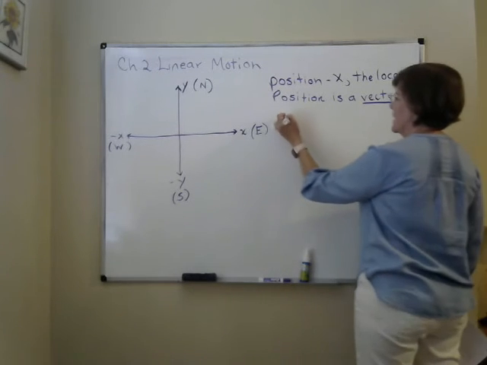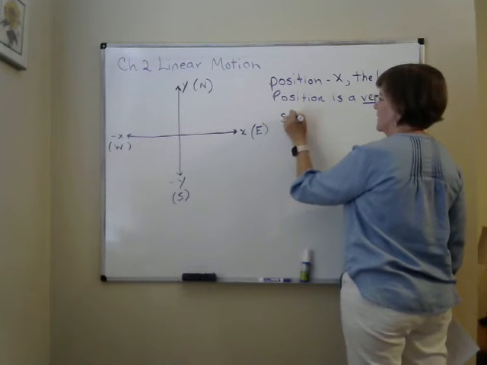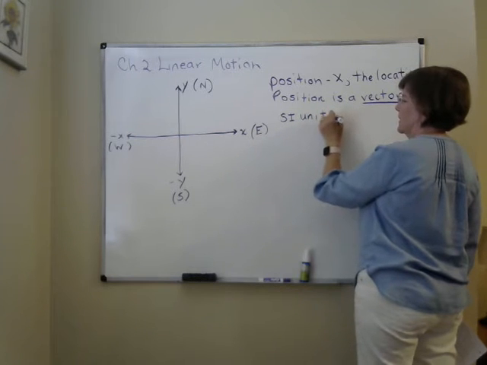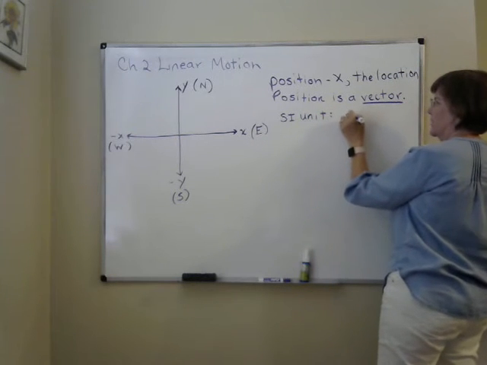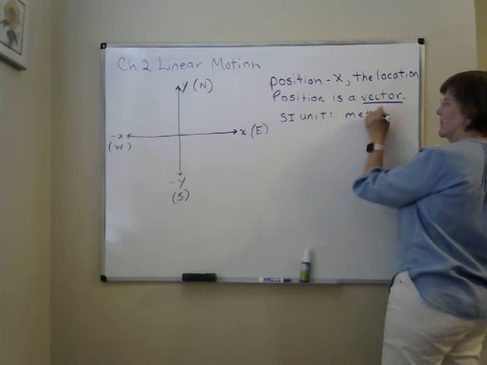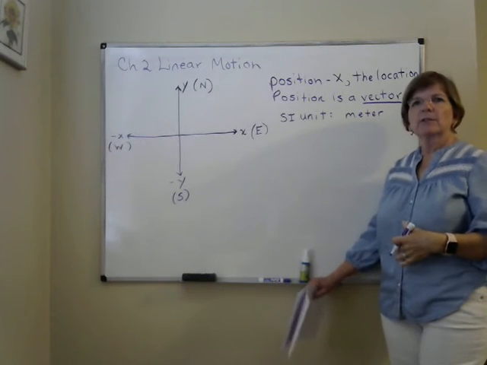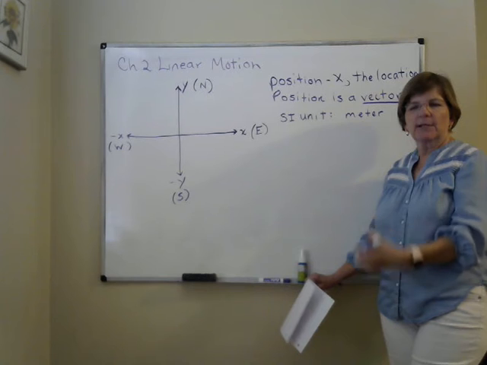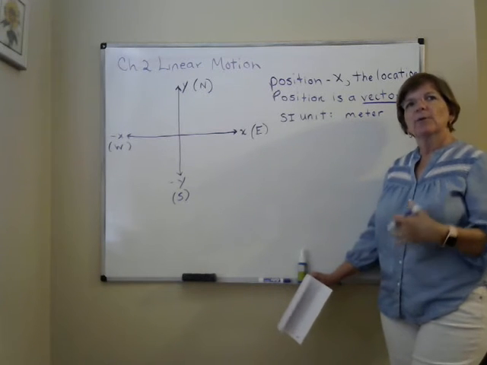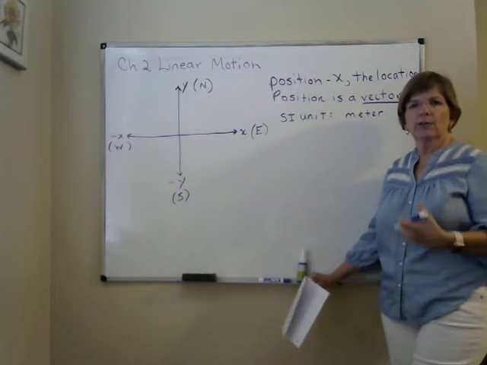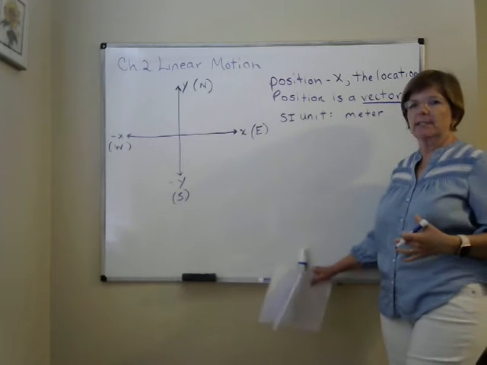It has an SI unit. That's our standard unit of the meter. So normally when we measure position, it could be 2 meters to the left or 17 meters to the right. Now, meters is not the only unit we can use. It can be any unit of length, but the SI unit happens to be the meter.